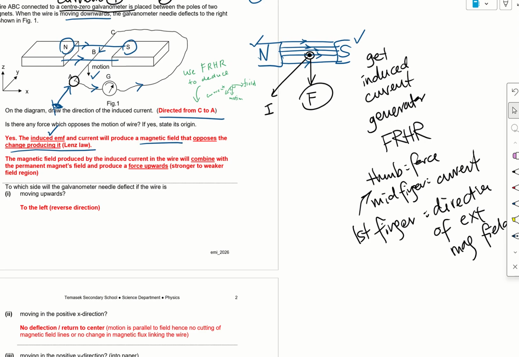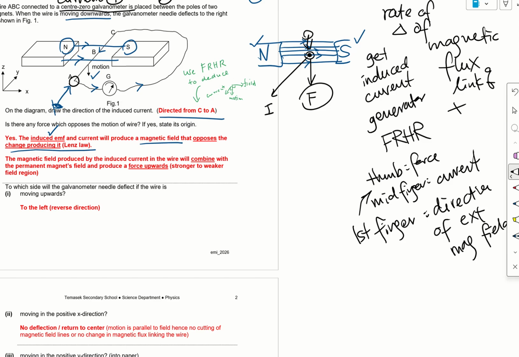So why is there an induced EMF and therefore an induced current? It's because as the conductor, or the wire, is cutting through the magnetic flux of the external magnet, there will be a rate of change of magnetic flux linking the conductor.